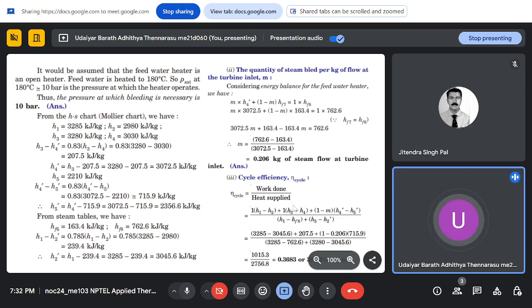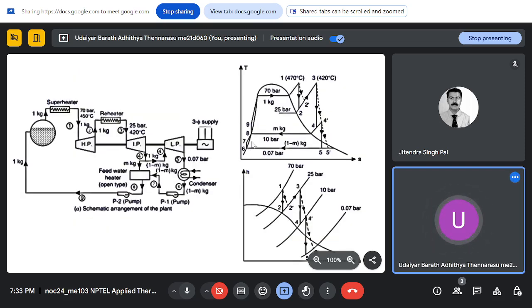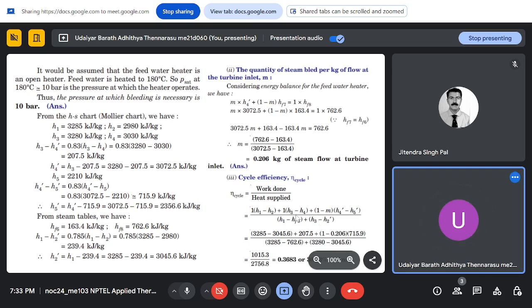We know all the enthalpy values. Work done is the work generated in each of the turbines. So 1 into H1 minus H2 plus 1 into H3 minus H4, which is the intermediate turbine, and from there m portion of the steam is bled. So in the last turbine your mass flow rate is 1 minus m. So 1 minus m into H4 dash minus H5 dash, divided by the total heat added, which is H1 minus HF8 plus H3 minus H2.